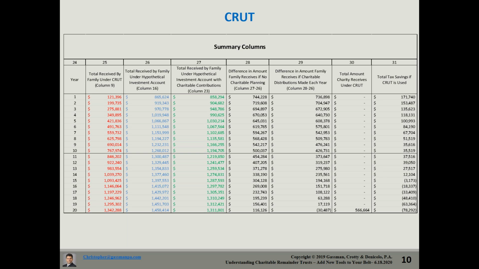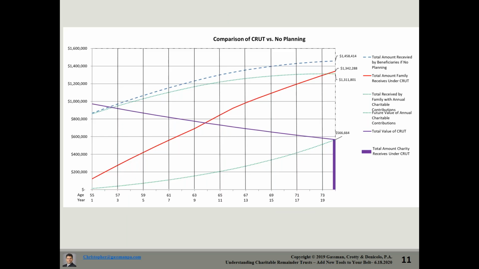So really interesting plan here to use the CRUT to defer capital gains tax. And you'll see here at the end of slide 11, there's a pictorial chart showing the various differences of using the CRUT versus not using the CRUT.